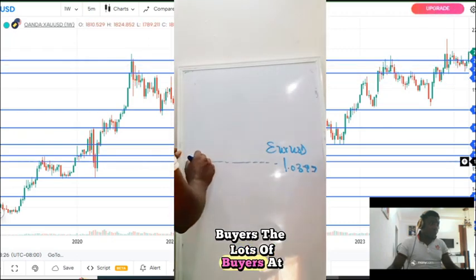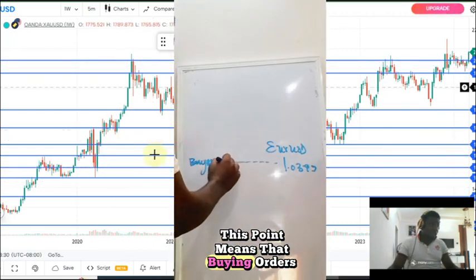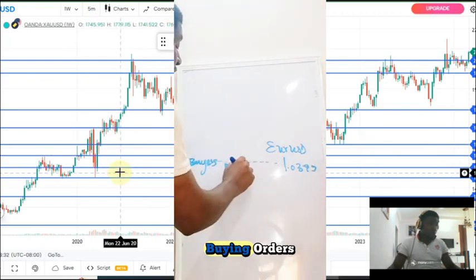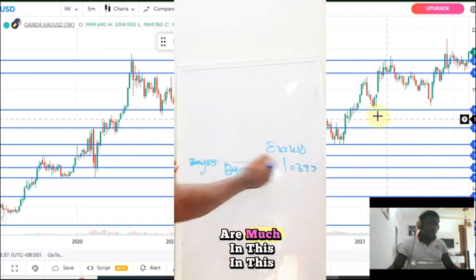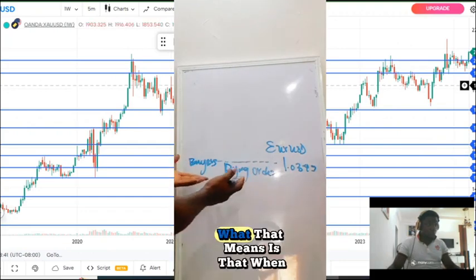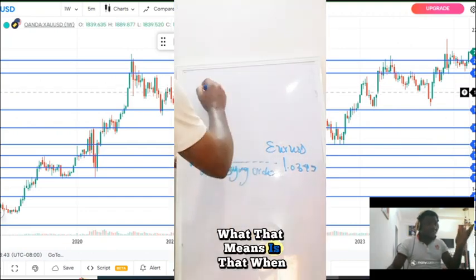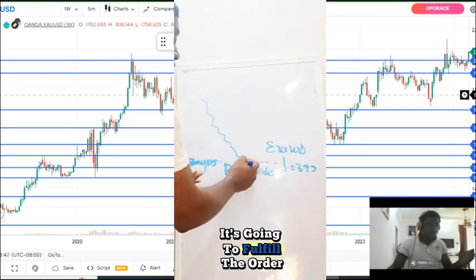It means that buying orders are many in this region. There are lots of buying orders here. What that means is that when price starts dropping here, it's going to fulfill the orders for buyers.